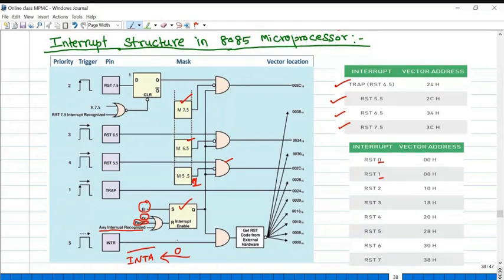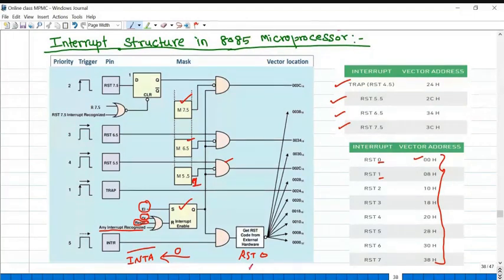Then the external hardware sends the address location of the memory from where the microprocessor starts executing the interrupt service routine. For example, if the external hardware places RST 0, it instructs the microprocessor to save the next immediate instruction address in the stack memory and start executing the instruction from the 0000 address location.